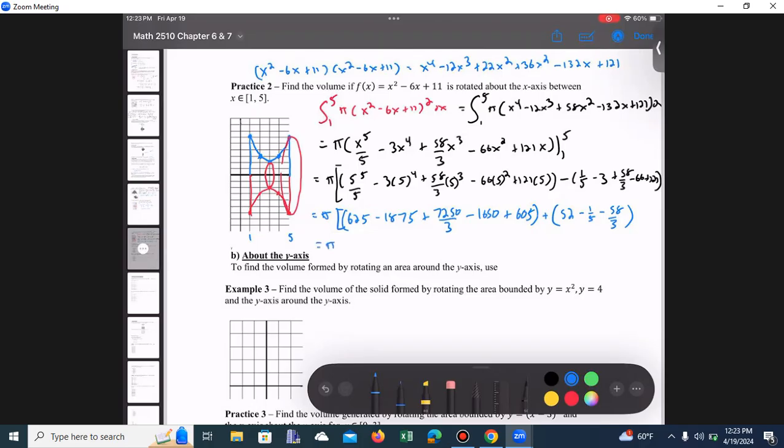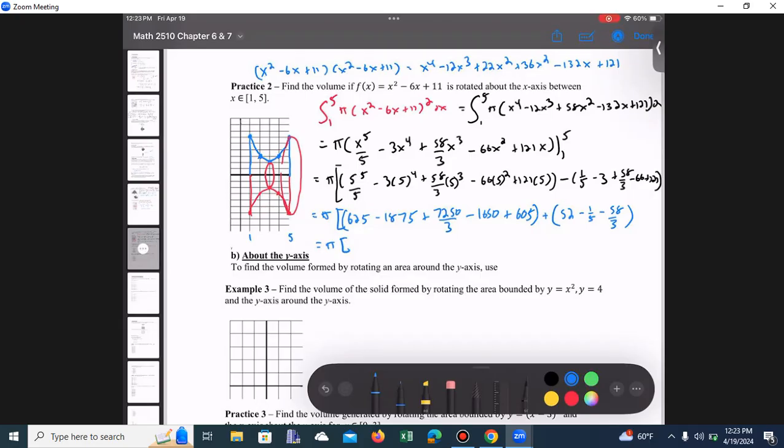Right, so we have pi. Let's see here. Get all these numbers together. 625 minus 1875 minus 1650 plus 605 and plus 52.